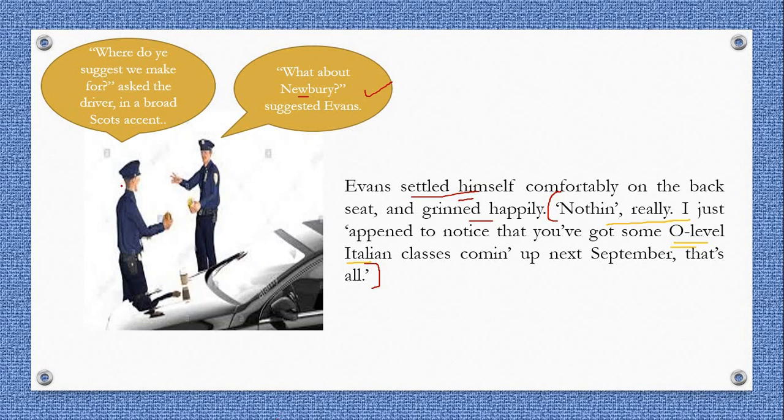So the story ends with a suspense, and here we learn that McLeary, who was supposed to be the invigilator, was a parson, and he was appointed by the examination board to act as an invigilator. But on the contrary, Evans tried to mislead and misguide the officers and the invigilator and successfully escaped from the prison. Read the story and try to answer the questions in your own words.